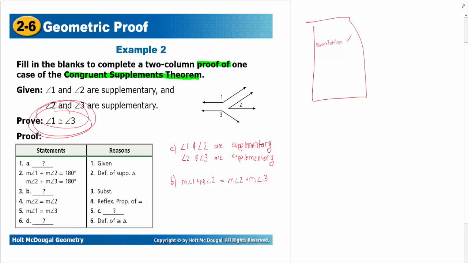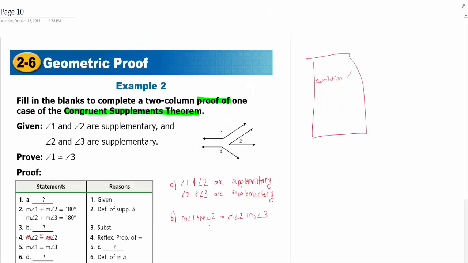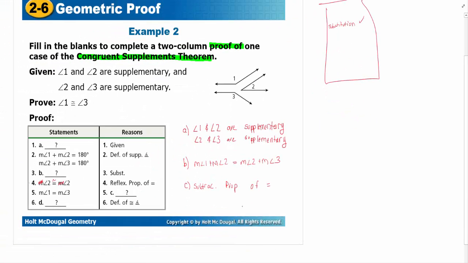So I need that angle 2 to go away. Well, there's only one way I can really do that, and that's to subtract the measure of angle 2 from both sides. So C, in order for me to get measure of angle 1 equals measure of angle 3, I had to subtract. So I'm going to do subtraction property of equality for C. And then finally D is just your proof statement.